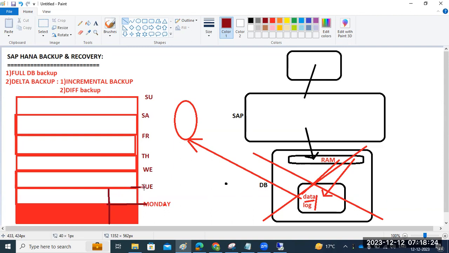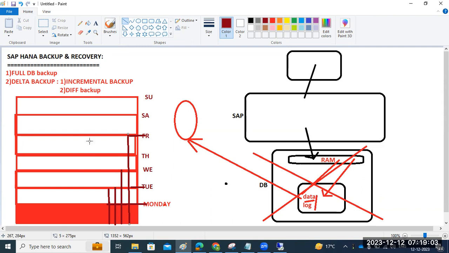So when you take the Tuesday full backup, it will take the complete database backup, from here to here. By Wednesday it increased further, so from the start up to Wednesday it will take the backup. Again, for the Friday full backup, the data got increased up to here. Data will increase daily because daily transactions happen, the data is stored at the database level, and your database size will increase, right? So you are taking the complete database backup here.